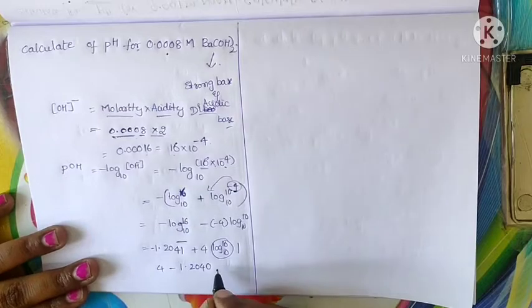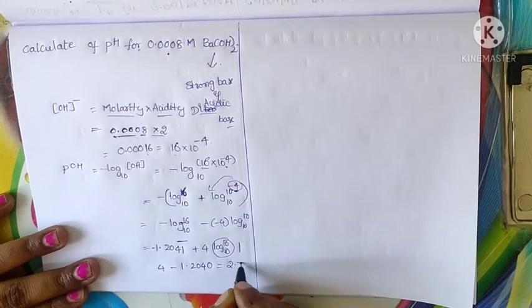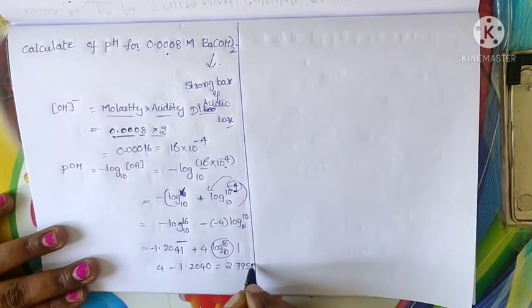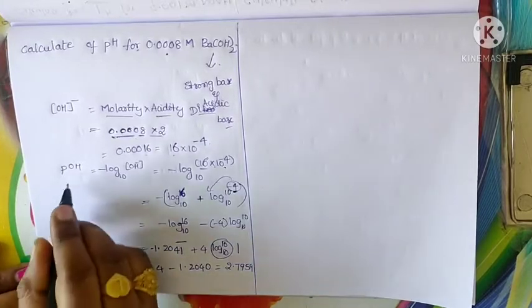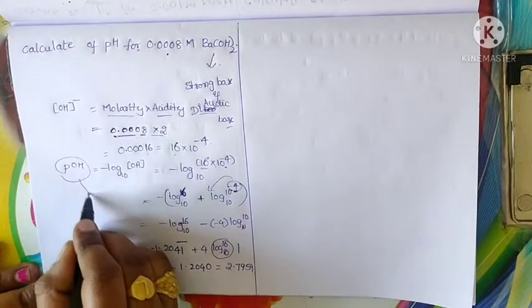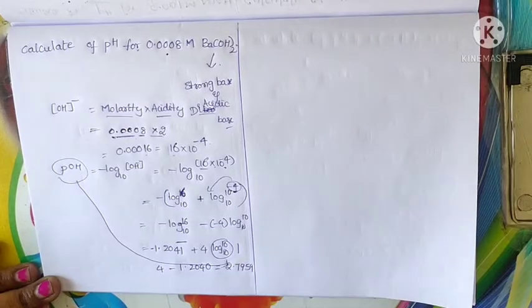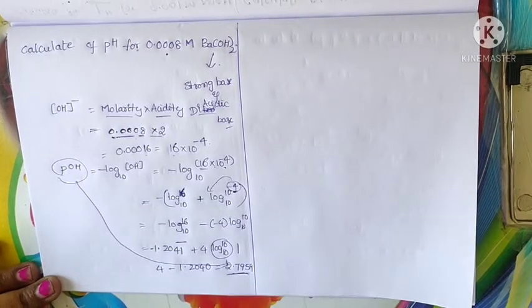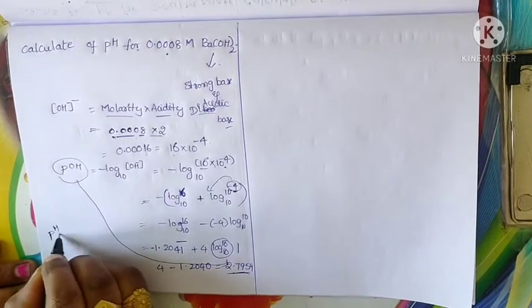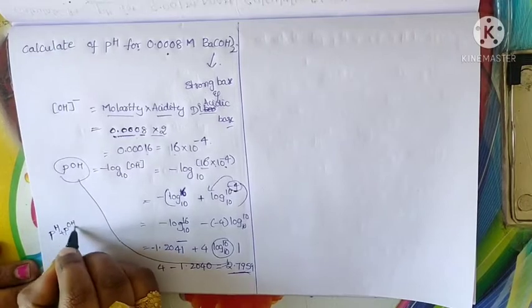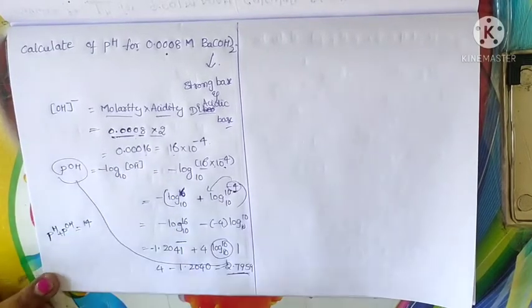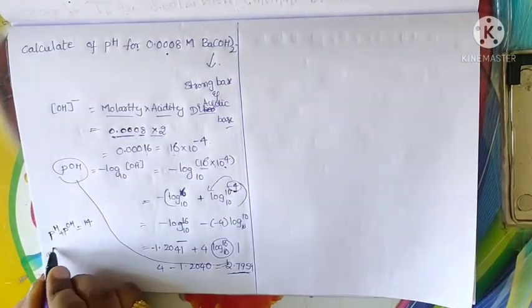Okay, students, the value is like this. 2.7959, it is the pOH. Now we are calculating pH. pH plus pOH equal to 14. pH equals 14 minus pOH.